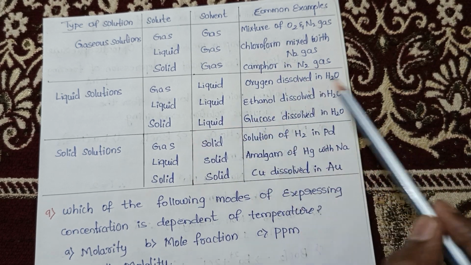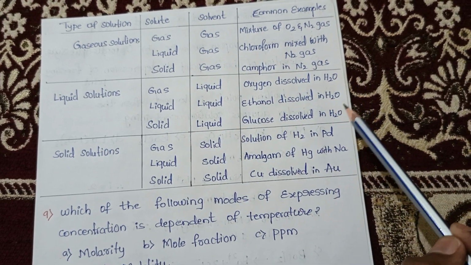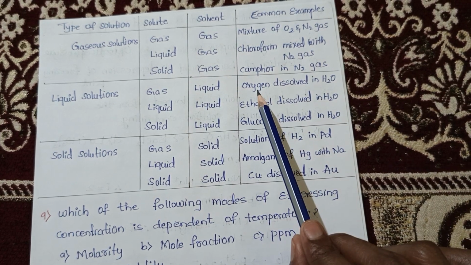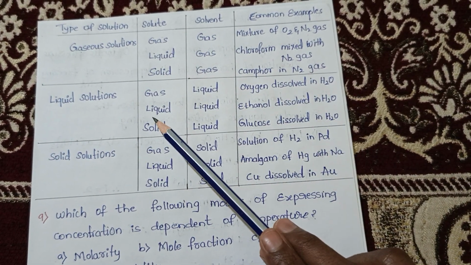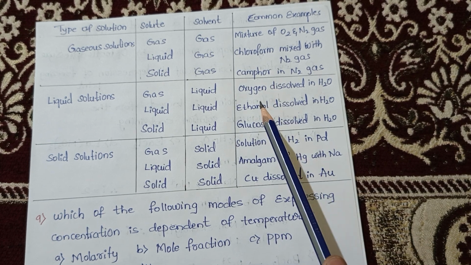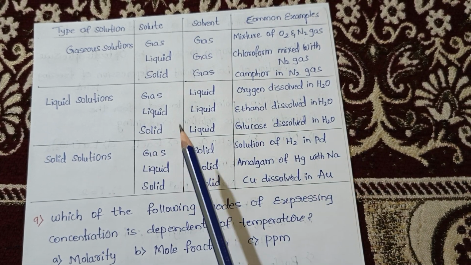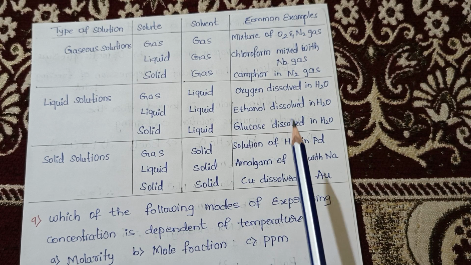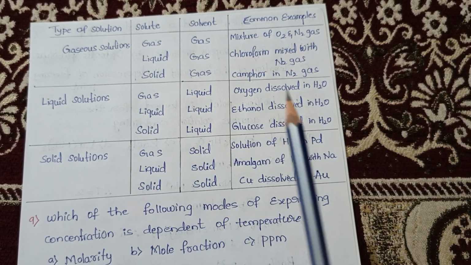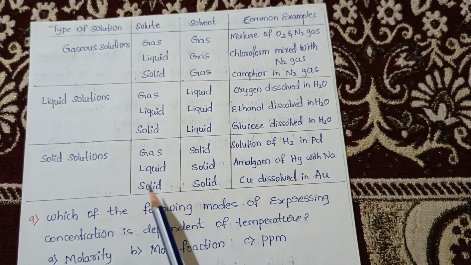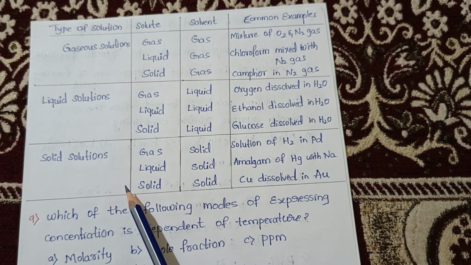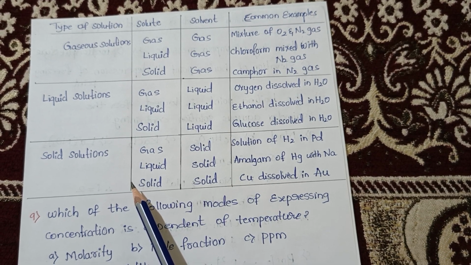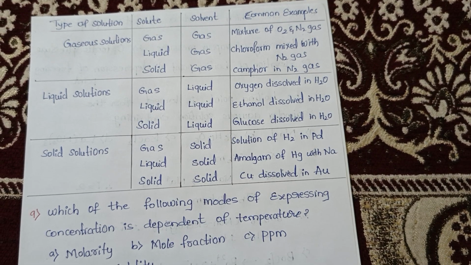The liquid solution means the solvent is obviously water. Whenever oxygen is dissolved in water, that is an example of gas in liquid solution. If ethanol is dissolved in water, this is a liquid in liquid solution. If glucose is dissolved in water, that is a solid in liquid solution. The next one is the solid solution. Here the solid acts as the solvent.